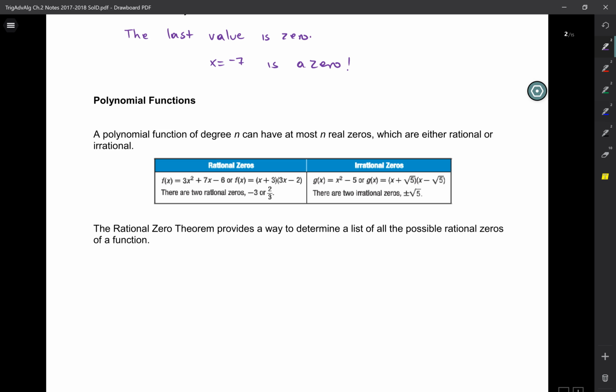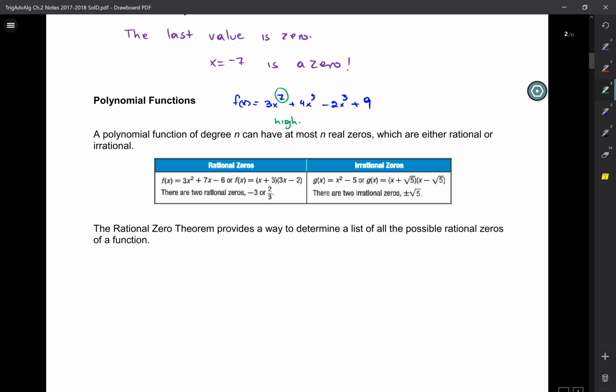If you have a polynomial like f of x is, let's say, 3x to the 7 plus 4x to the 5 minus 2x cubed plus 9, what is the highest exponent here? 7. The highest exponent is called the degree of the polynomial. So this polynomial has a degree of 7.